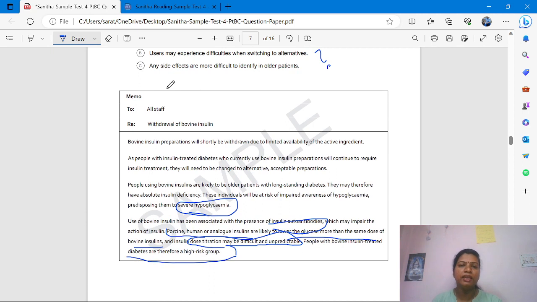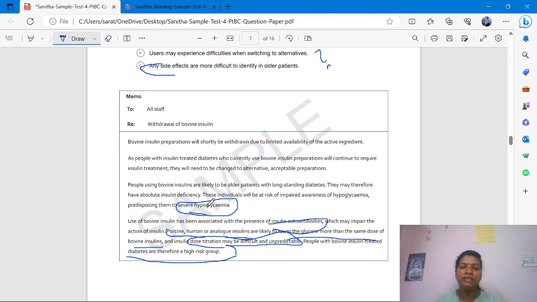Okay, third one: any side effects are more difficult to identify in older patients. Is there anything saying that? Here they only discuss severe hypoglycemia, not any other side effects.